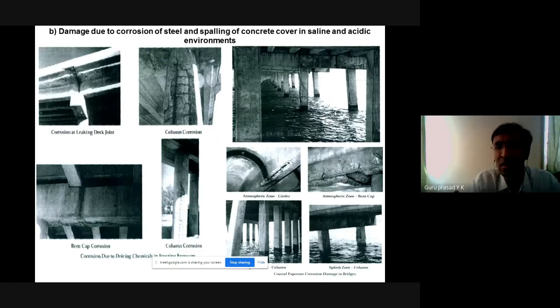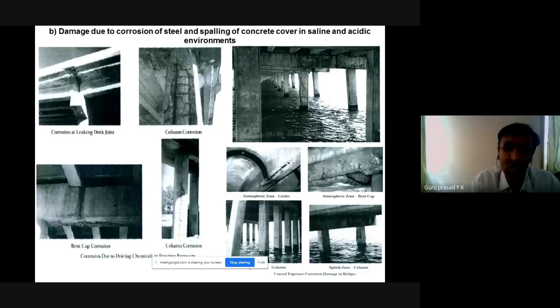The columns have been exposed to saline environments because of the sanitary and the drain which flows there, which contains basically saline. It has a saline environment there, which causes the concrete to deteriorate and also causes the reinforcement to get corroded.